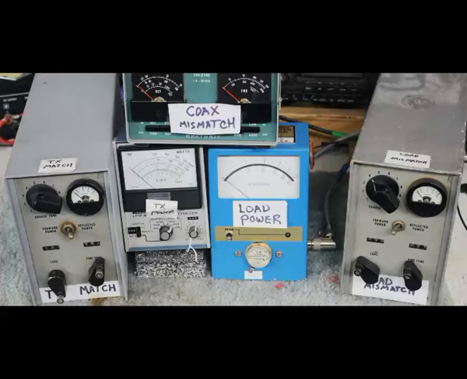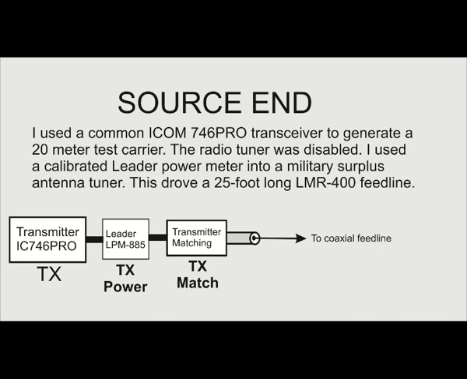So it's just a good matching network or mismatching network that I can use to change the impedances along the line. I have three basic power meters. All of these power meters have been calibrated to the same standard. My source, the signal source, the power source, is an ICOM 746 Pro that I'm going to set to 50 watts of carrier.